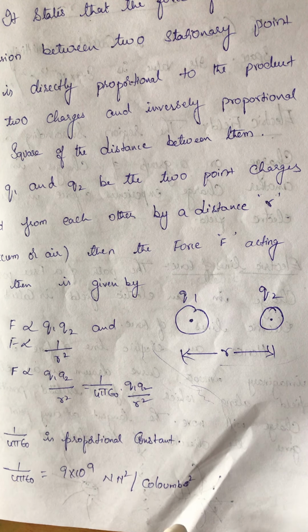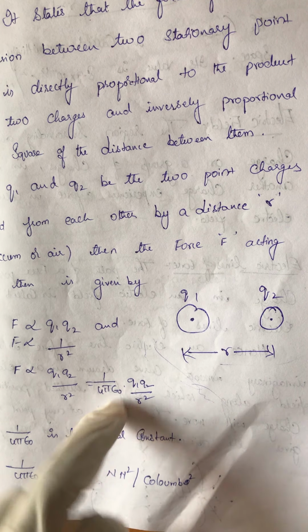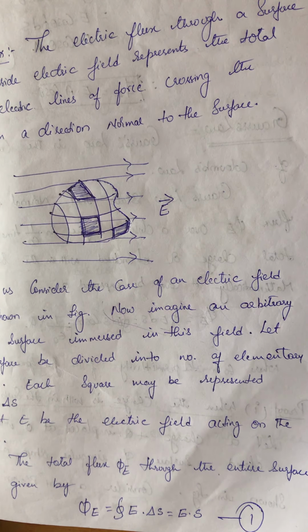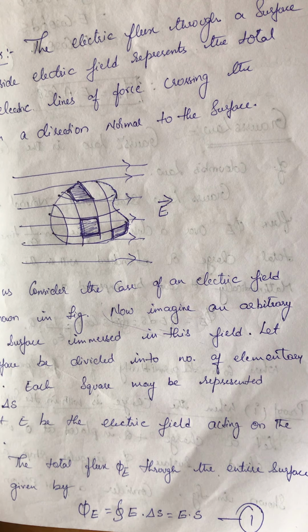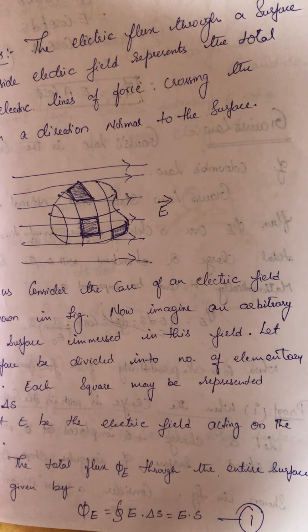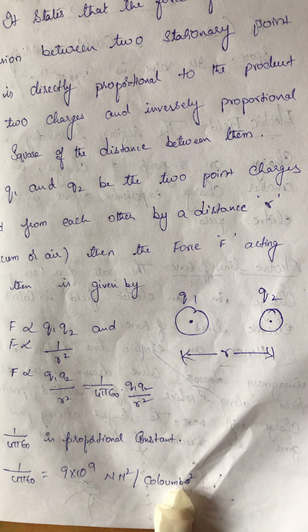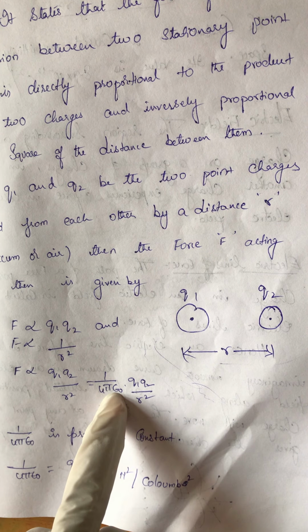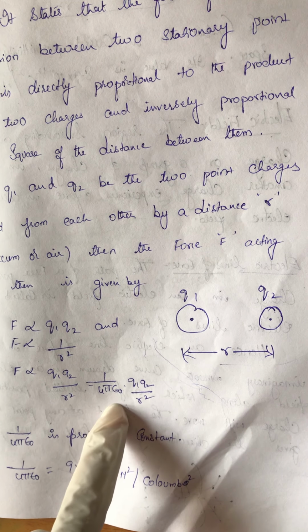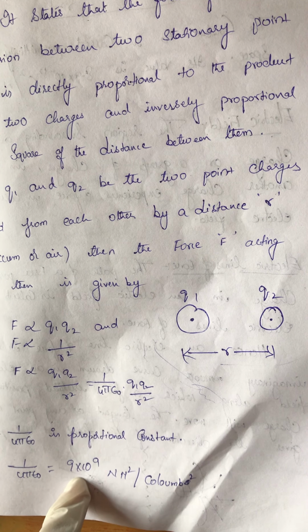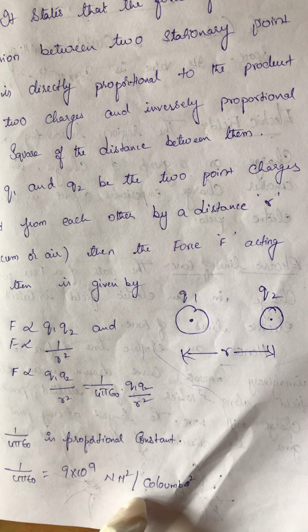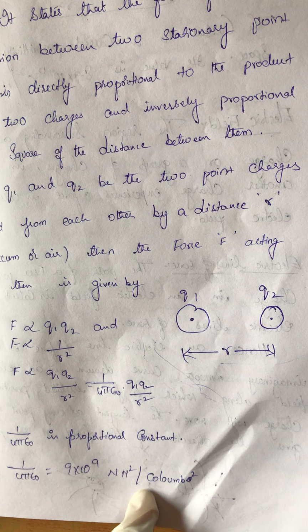Epsilon naught value is 8.9 into 10 power minus 12 coulomb square per newton meter square. If we substitute that, 1 by 4 pi epsilon naught is 9 into 10 power 9 newton meter square per coulomb square.